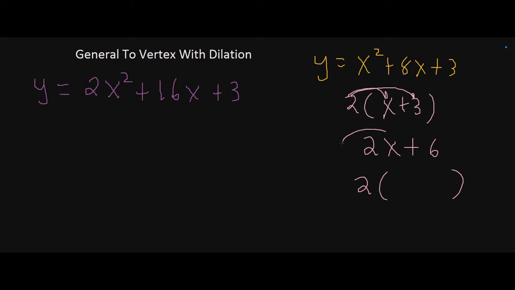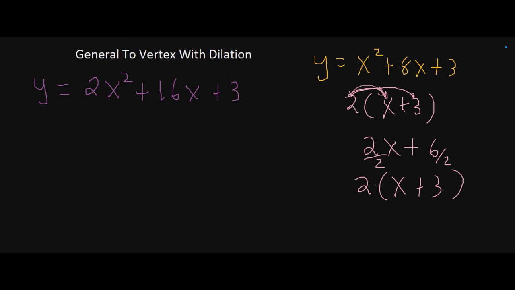So what can we do to this so that we can get the x plus 3? Well, we can divide this by 2, because that's the number in front of x, so we get x because 2 divided by 2 is just 1. And if we divide this by 2, well, that's just going to give me the 3 there, right? So to distribute this out we multiply, and when we want to pull the 2 out from these expressions and put it here, we have to divide.